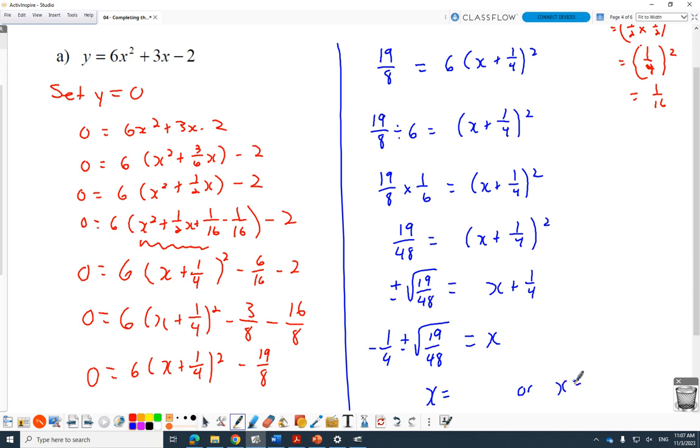And I'll type these in. And you let me know which part you want to have questions about. There may be a zillion questions. -1 divided by 4 plus square root 19 over 48.